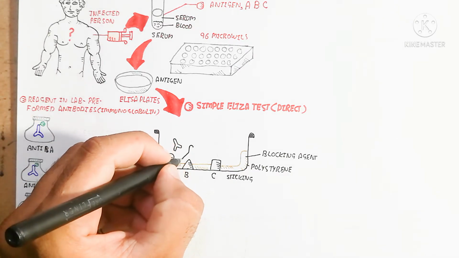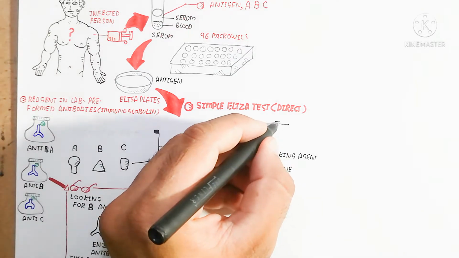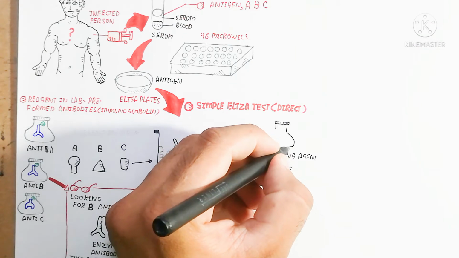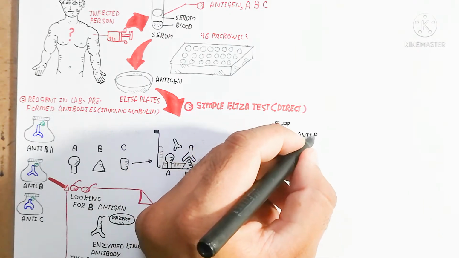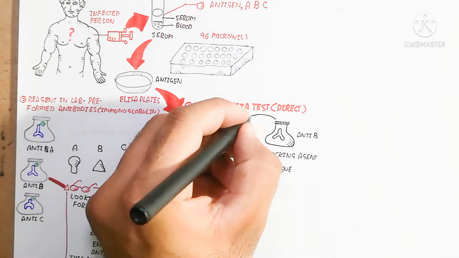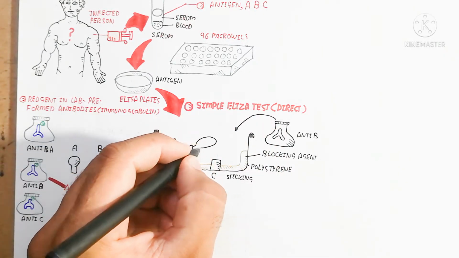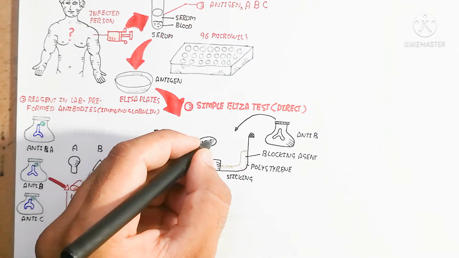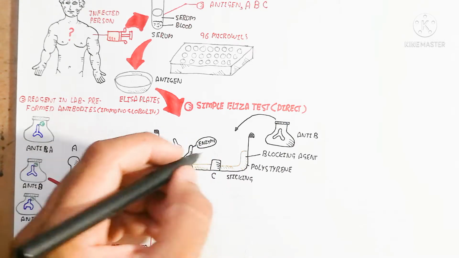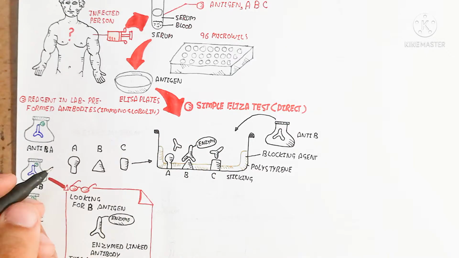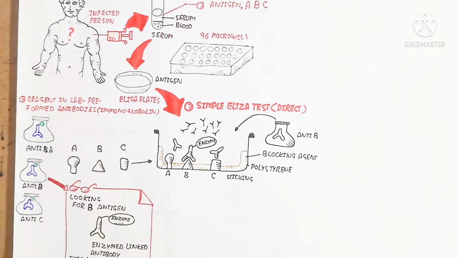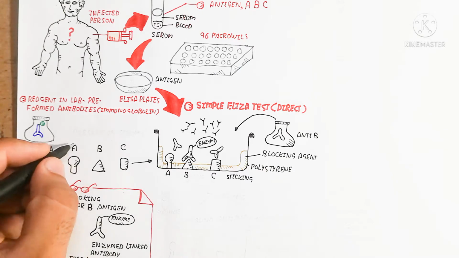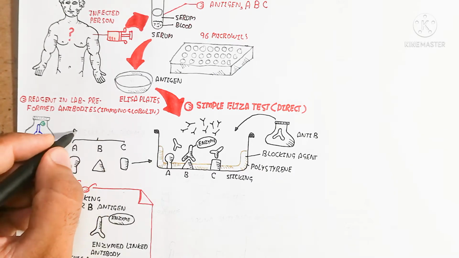So the enzyme linked antibody against antigen B will bind with the antigen, but others are a mismatch and will remain unbound. It will remain unbound when we apply antibody B, prepared in the laboratory.